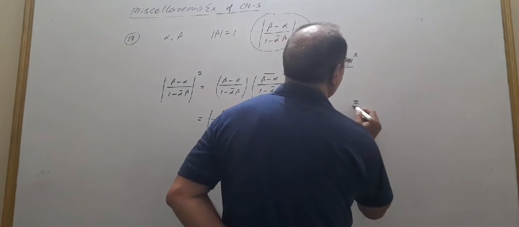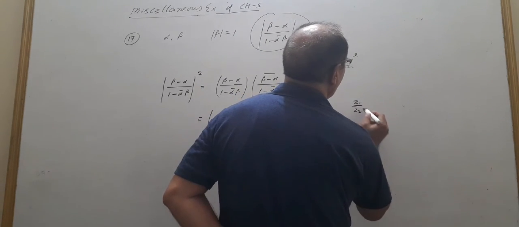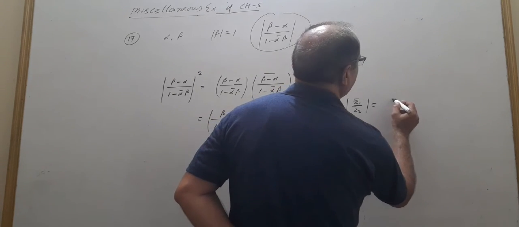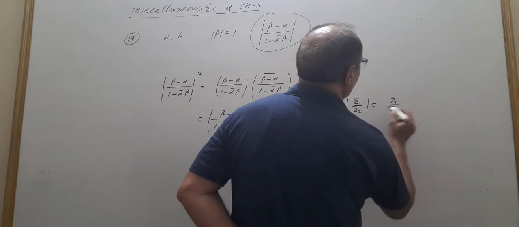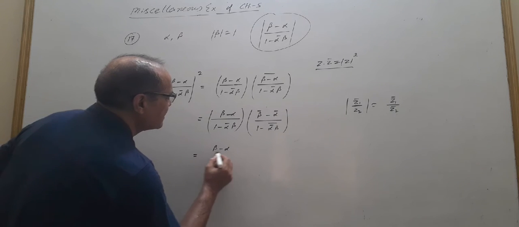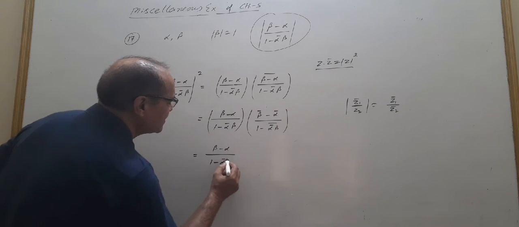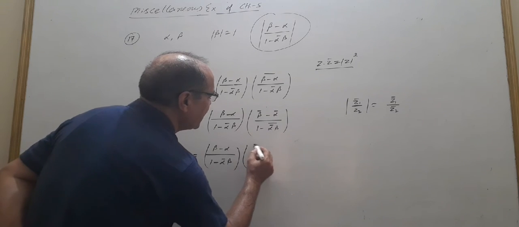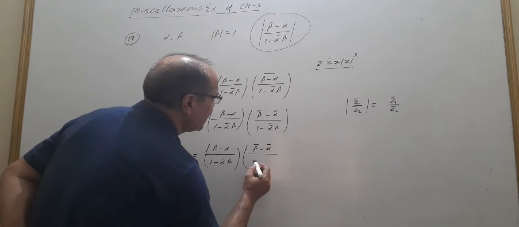As you know that the conjugate of z1 upon z2 can be written as z1 bar upon z2 bar. Okay, now again simplify this. Beta minus alpha upon 1 minus alpha bar beta as it is, and the numerator as it is in the denominator.